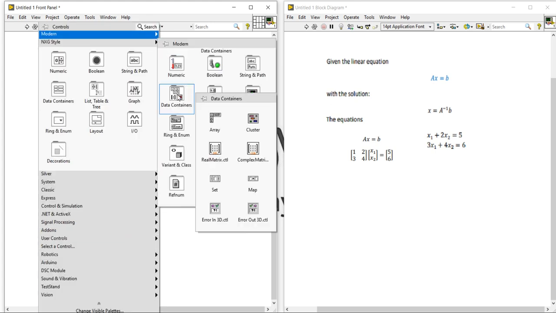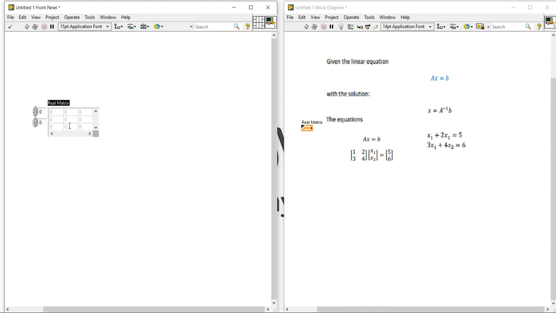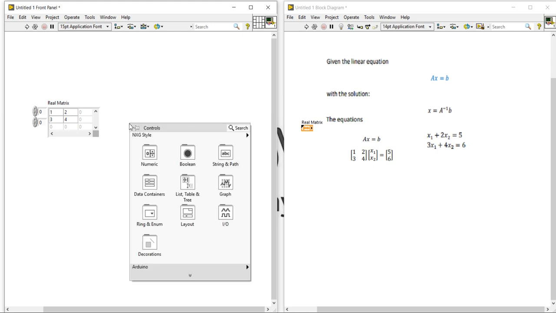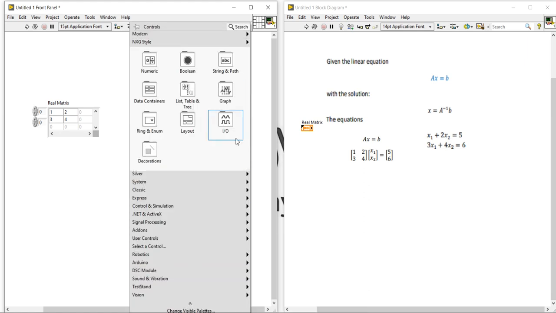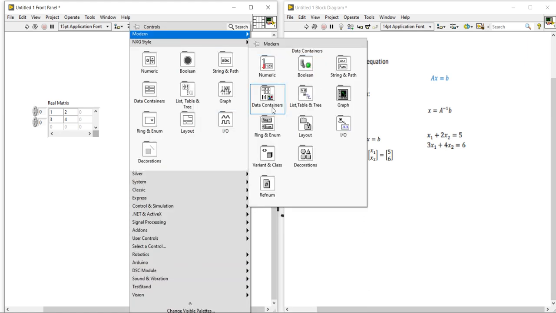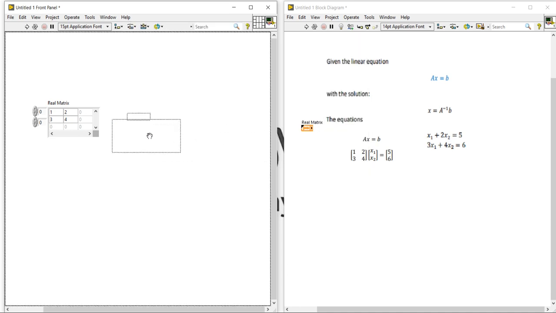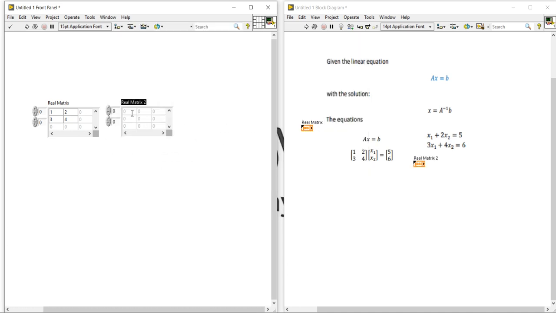In the first matrix the values will be 1, 2, 3 and 4, and this is the A matrix. The second one is the B matrix, and in this B matrix the values will be 5 and 6.